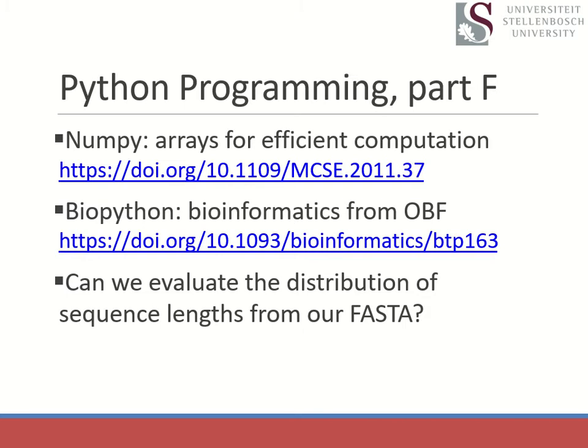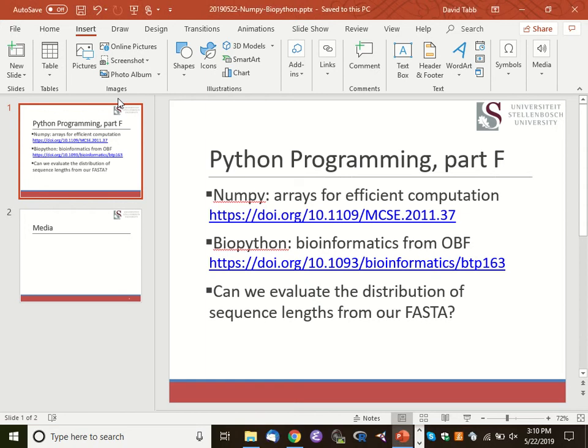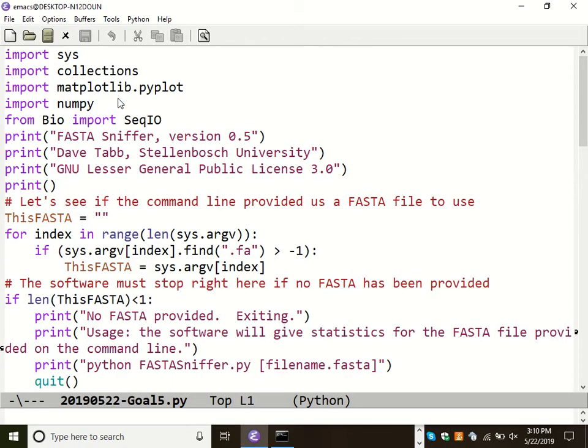So today, we're going to take advantage of Biopython to give us information about our sequences that we couldn't easily get when we were treating them as line after line of text file. And we will be then using some functions from NumPy to characterize that. So when you have a distribution of numbers and you want to evaluate it, how would you go about doing that? Okay, so with that, I'm going to drop us into the text.